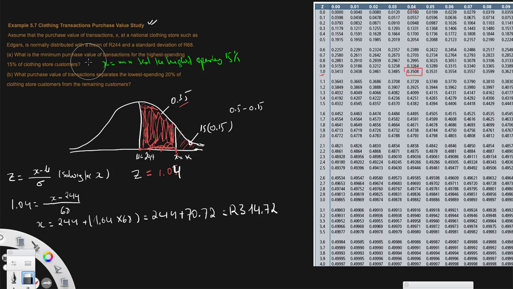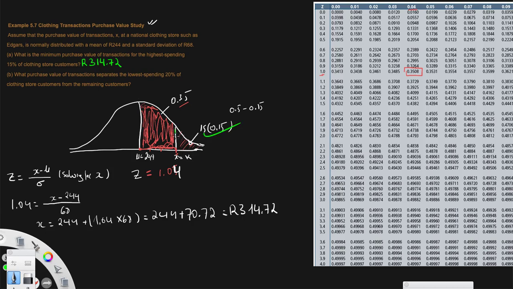So what that's telling me is that the minimum amount that the highest spender in this store would pay is 314.72 rand. So that's the minimum purchase transaction of this highest spending 15%.